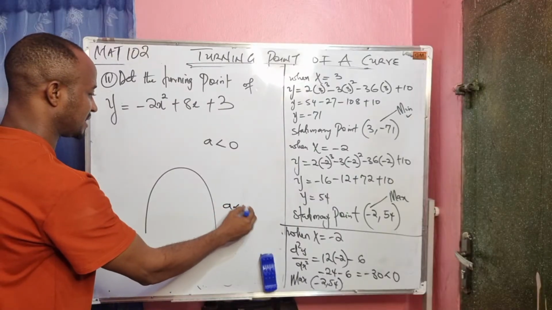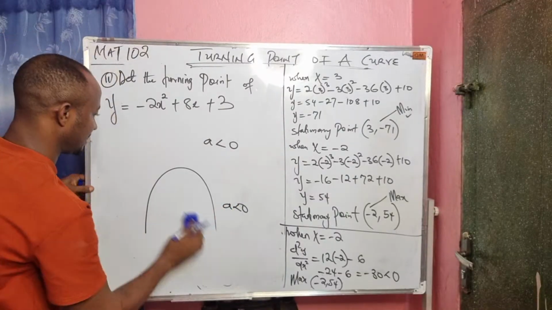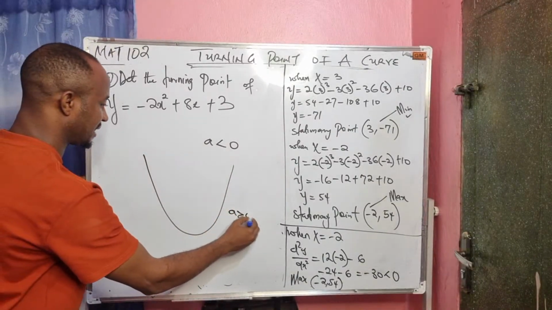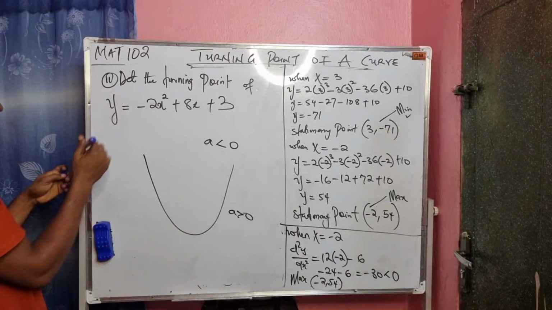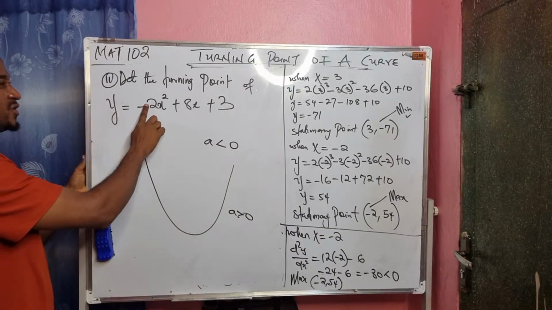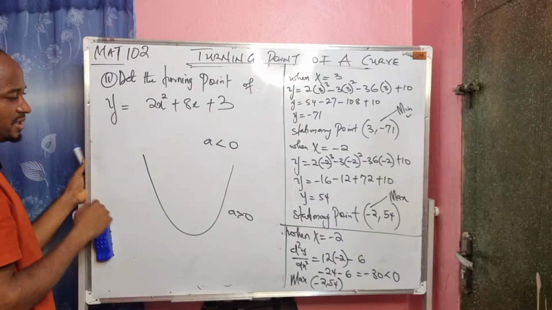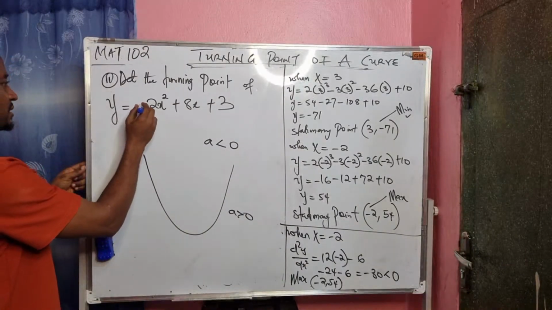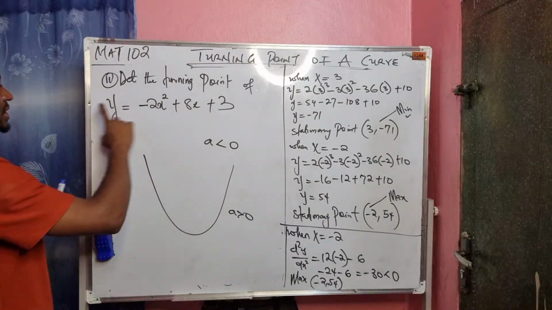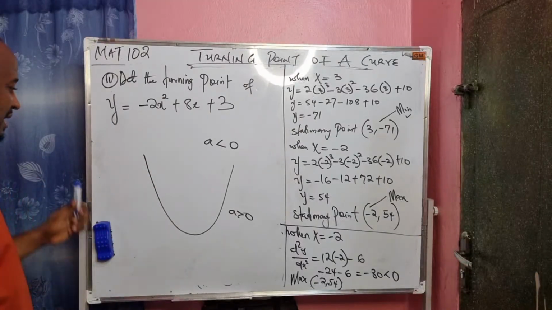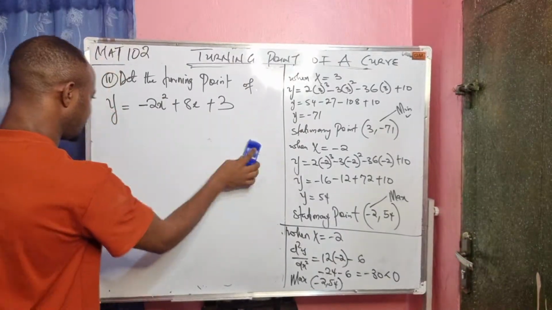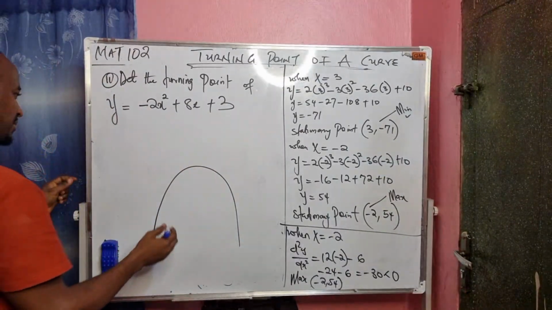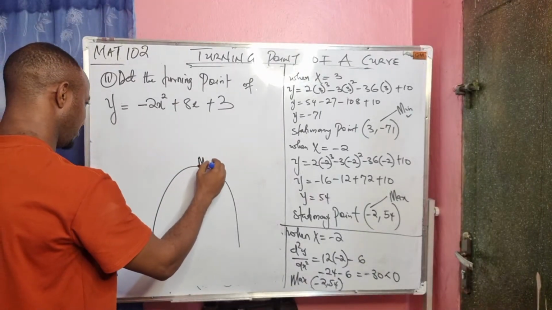But whenever a is greater than 0, I will have a curve of this kind, which curves upward. So the nature of this function already tells us that the curve must curve downward, and downward simply means I will have a maximum point.